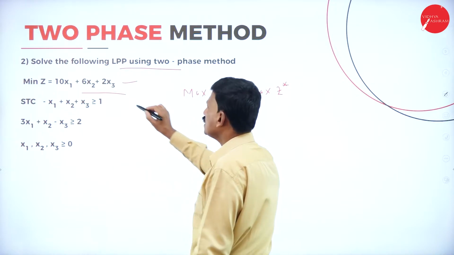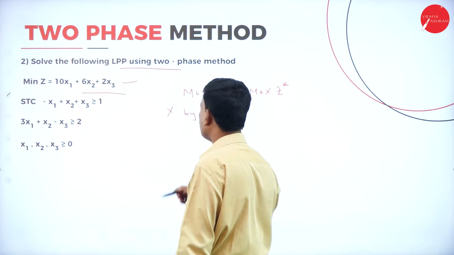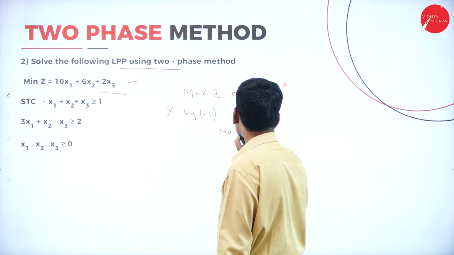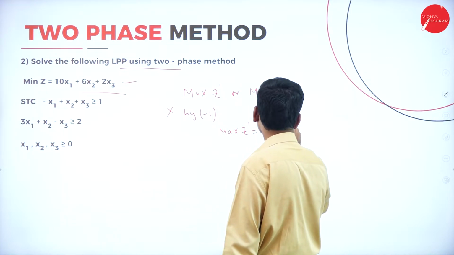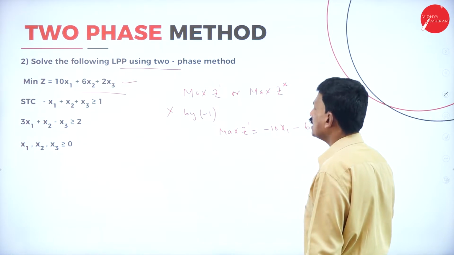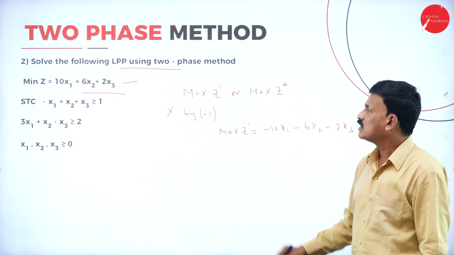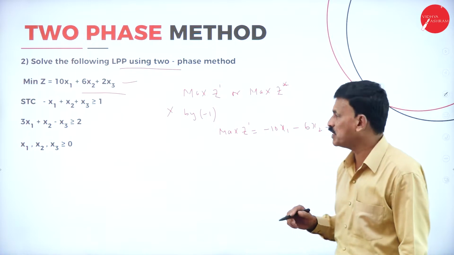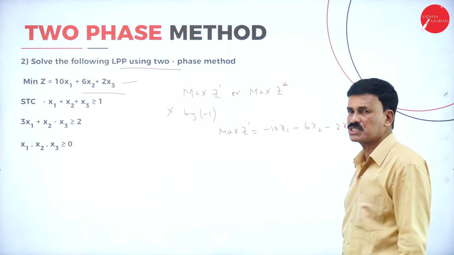If you multiply by the negative sign, we get the objective function max z dash or z bar equal to minus 10x1 minus 6x2 minus 2x3. This is the objective function. So we convert the minimization into maximization by multiplying through the negative sign: minus 10x1 minus 6x2 minus 2x3.